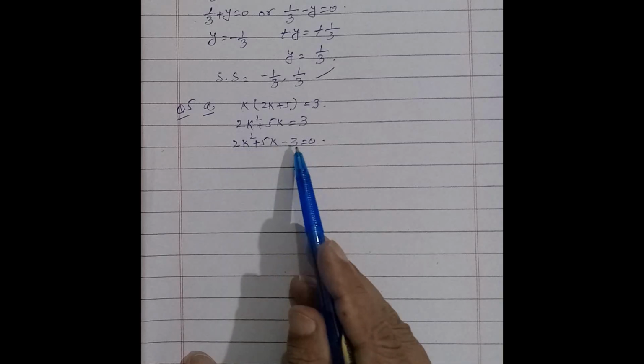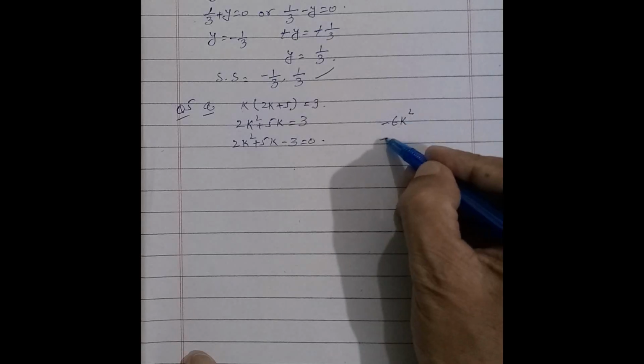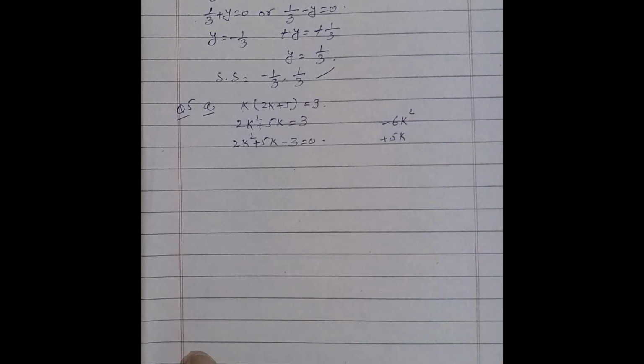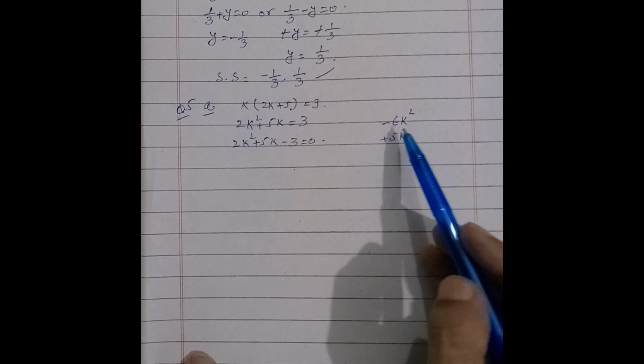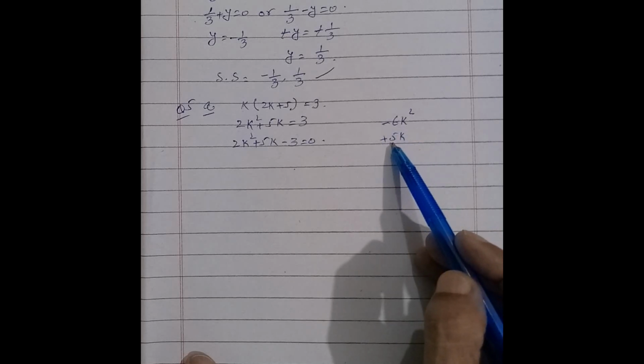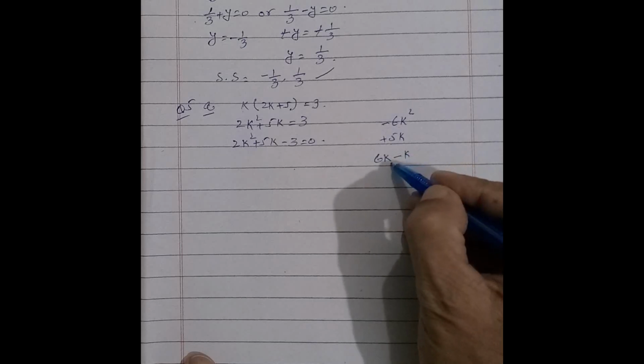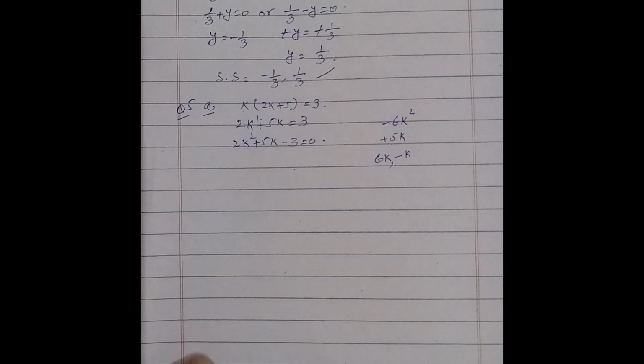So 2k square multiplied by minus 3 is minus 6k square, and the other value is 5k. And we locate two values. The multiply, we get minus 6k square, and when we add them, 5k, it is 6k and minus k are the two values.